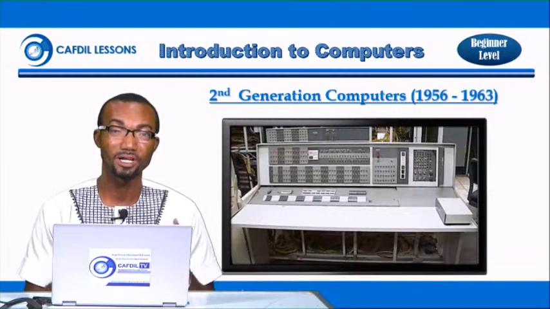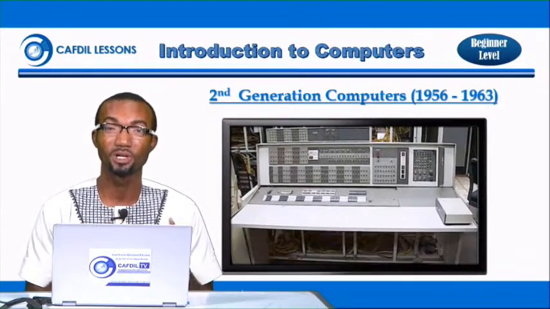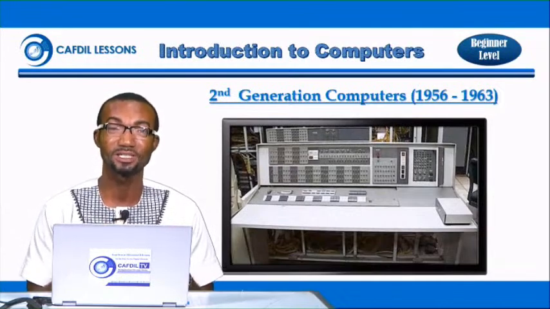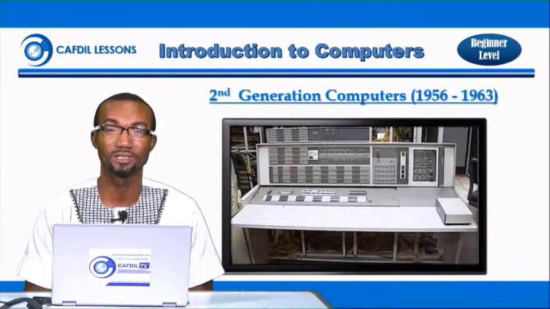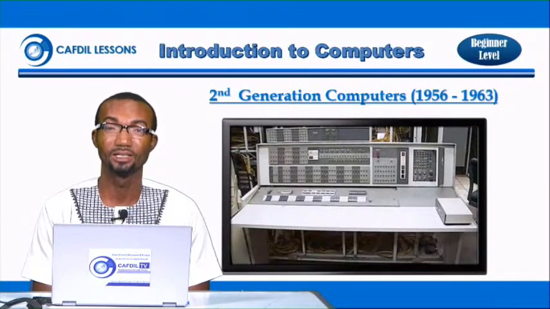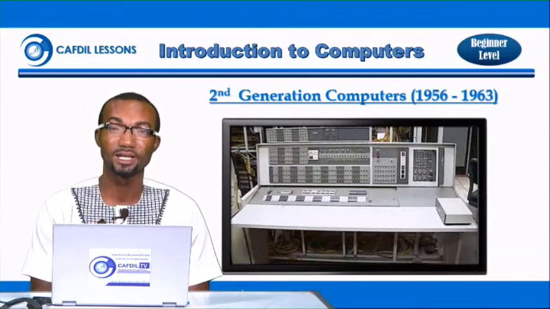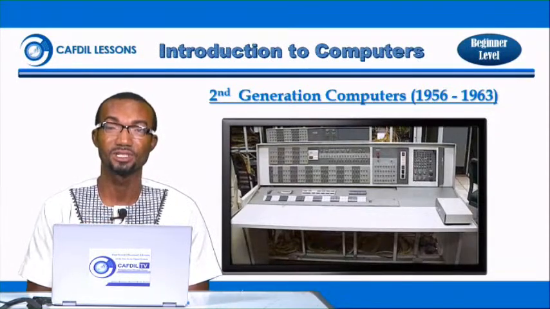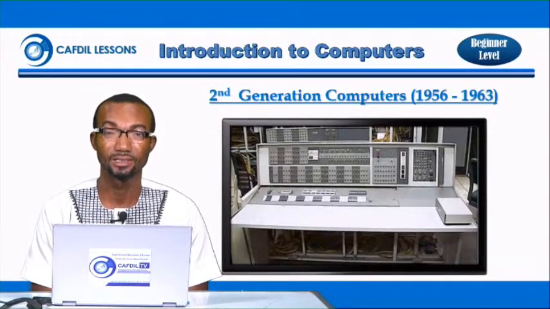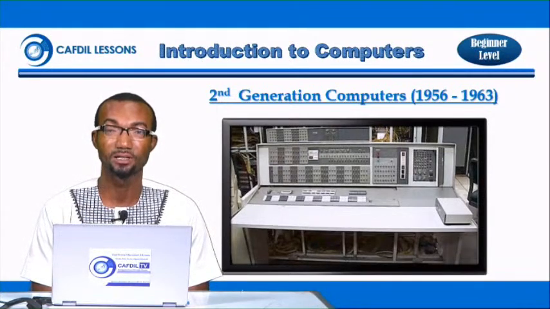So viewers, you see that those who developed the computer always studied hard, did a lot of research to bring improvement in the computers that they created. So second generation computers started in 1956 and lasted to 1963. And you see the picture on your screen.